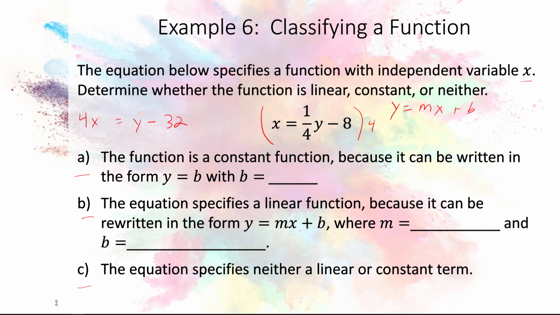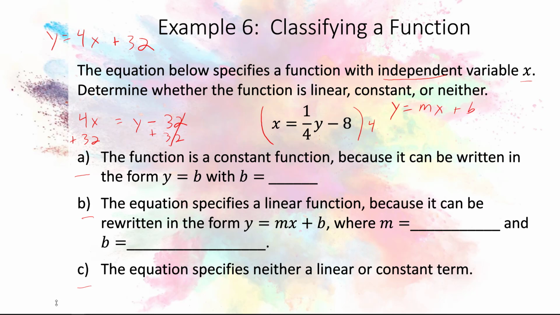Now I want to add 32 to both sides, and these will cancel, and I will then have y is equal to 4x plus 32. Now why did I do this? Well, because x is the independent variable, which means that's the input, y must be the output. So we want to write this as the output in terms of the input, just like this.